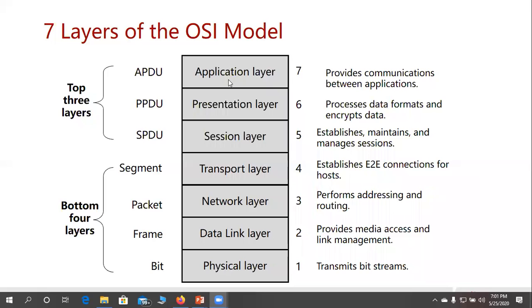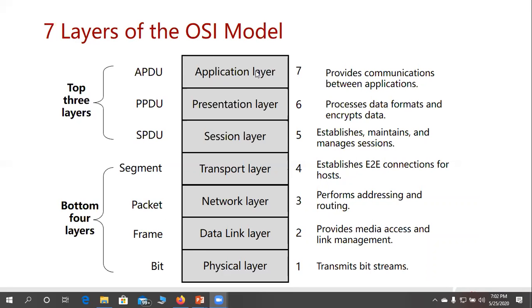When we talk about the application layer, we talk about applications, for example, the browser. When we talk about the physical layer, we talk about the cables and so on. From here up to somewhere this side, this part is in the operating system.